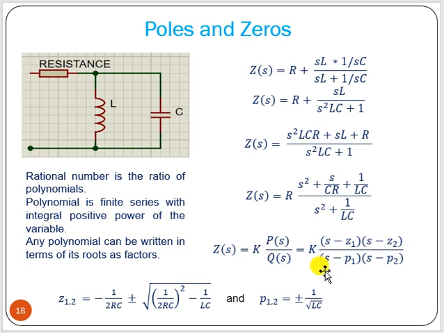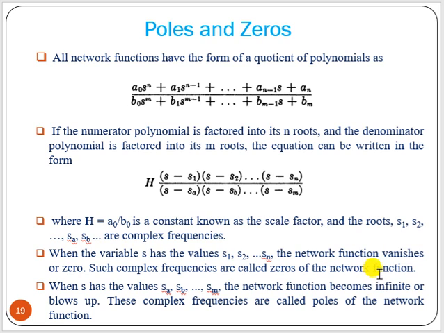And if we put the roots of the denominator here, that is p1 or p2, the denominator becomes 0, so the total function becomes something by 0, it becomes infinite. That means for the roots of the denominator, the function blows up. That is why it is called a pole. So zeros are the roots of the numerator polynomial, poles are the roots of the denominator polynomial.